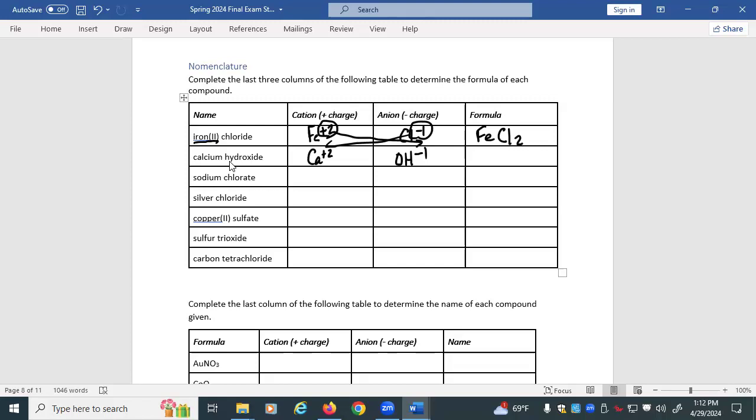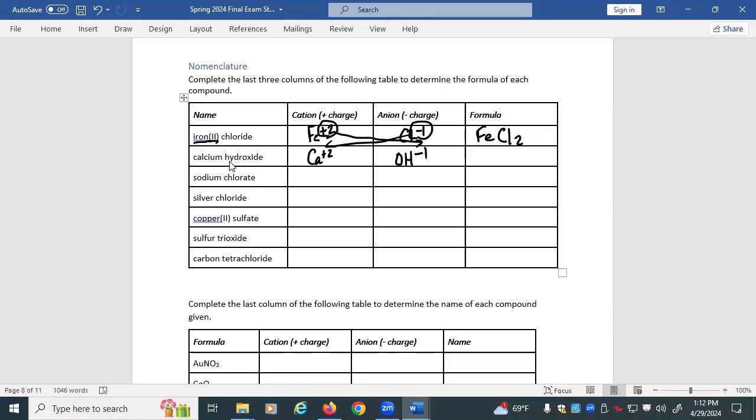How you do that is, I look at hydroxide. Hydroxide is the combination of hydrogen and oxygen. Hydrogen has a +1 charge. Oxygen has a -2 charge. If I put those two charges together, +1 with -2, I'd end up with a -1 charge.